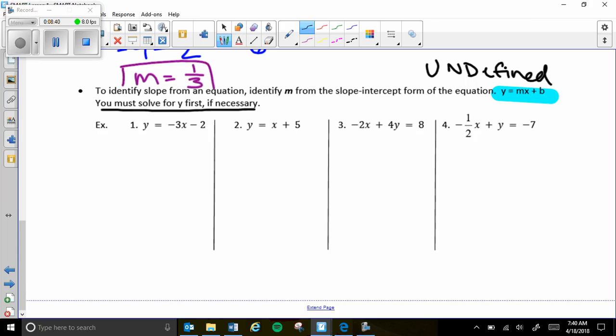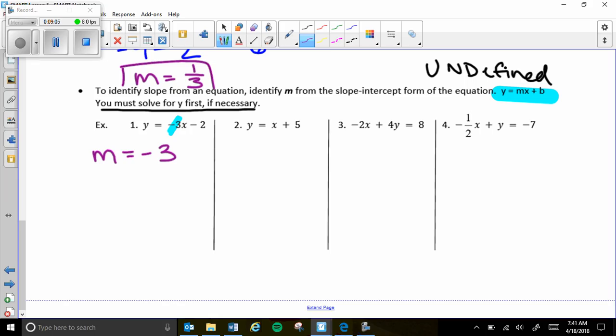So looking at example 1, is y solved for? Yes, so we can go ahead and figure out slope. Slope is always the number in front of x. So in this case, m equals negative 3. In number 2, is y solved for?